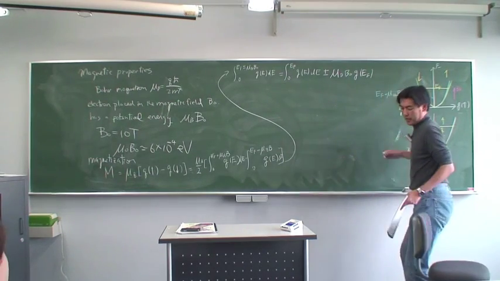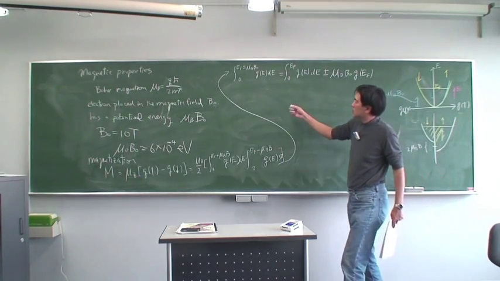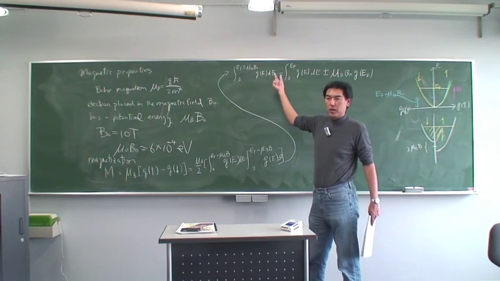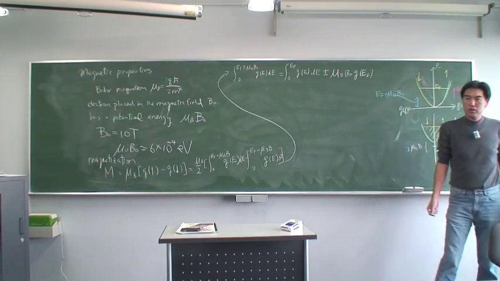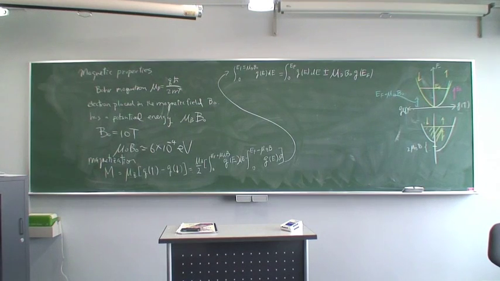So here what I'm doing is that because this part is very small, I'm just doing the Taylor expansion. Okay?